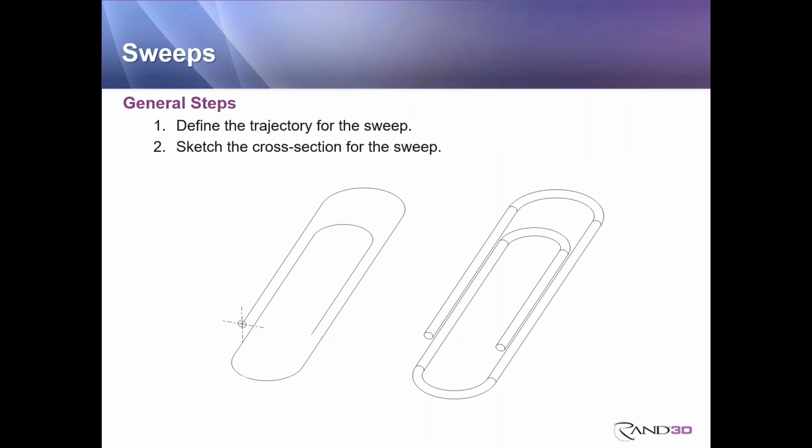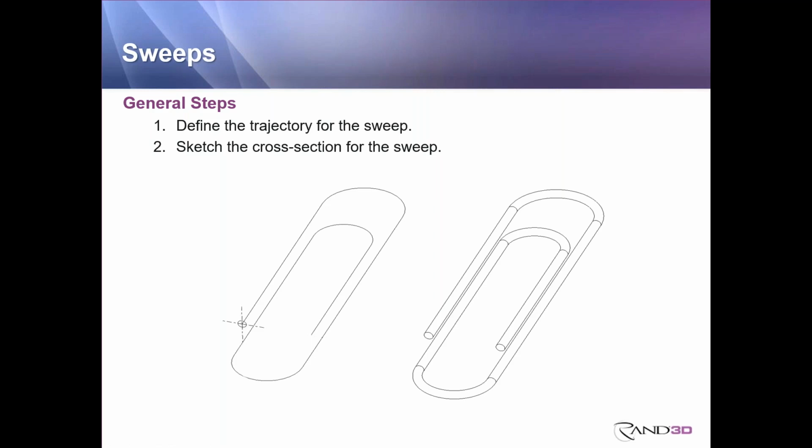Now, first thing I want to talk about is basically what is a sweep in Creo. A sweep is defined by two things. It's defined by a trajectory, and that's simply the path that you want to follow. And then once you've got your trajectory defined, you'll come back and define a cross section. The computer will sweep that cross section along the path to create the shape. You define the trajectory first.